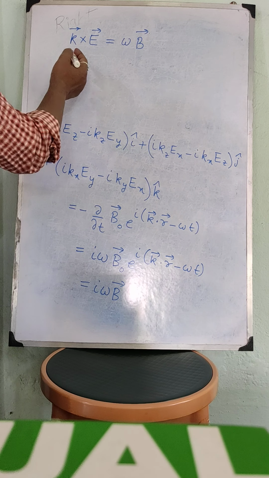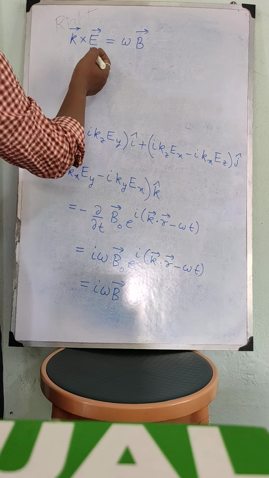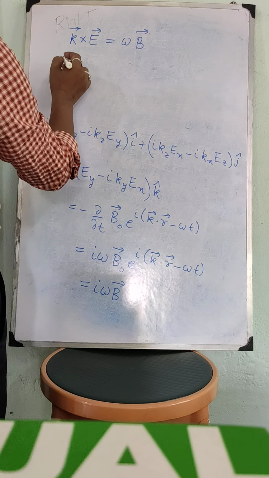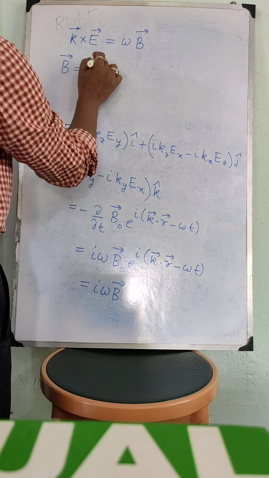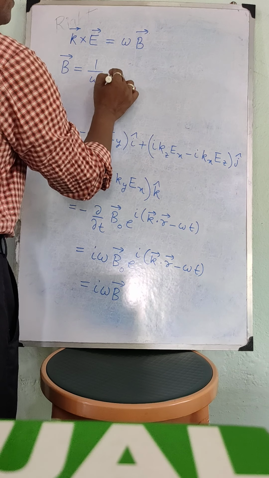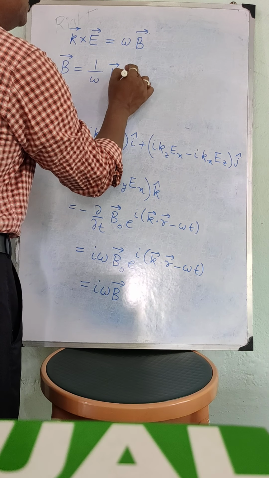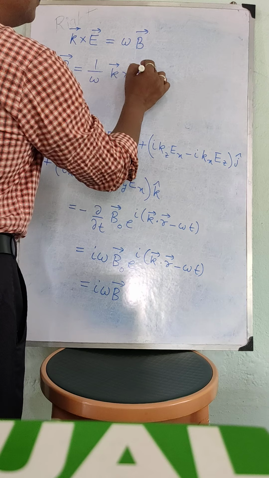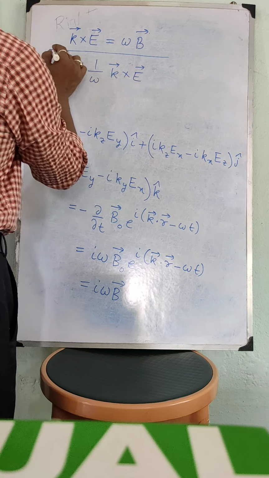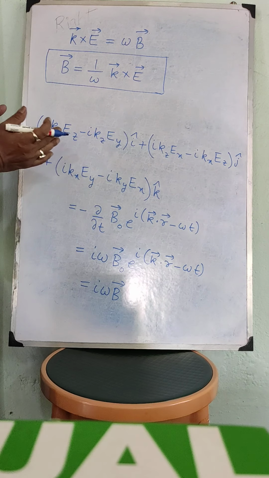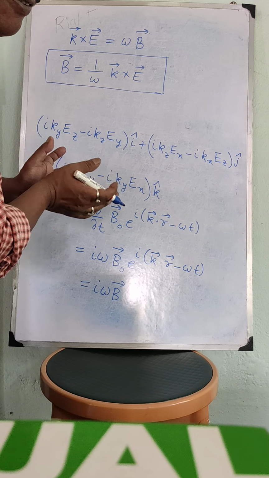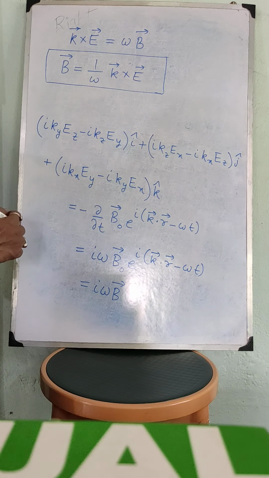This is the relation between k, e and B. So we can write B vector is equal to 1 by omega k cross e. This is an important relation because this gives the direction between electric field vector and magnetic field vector.